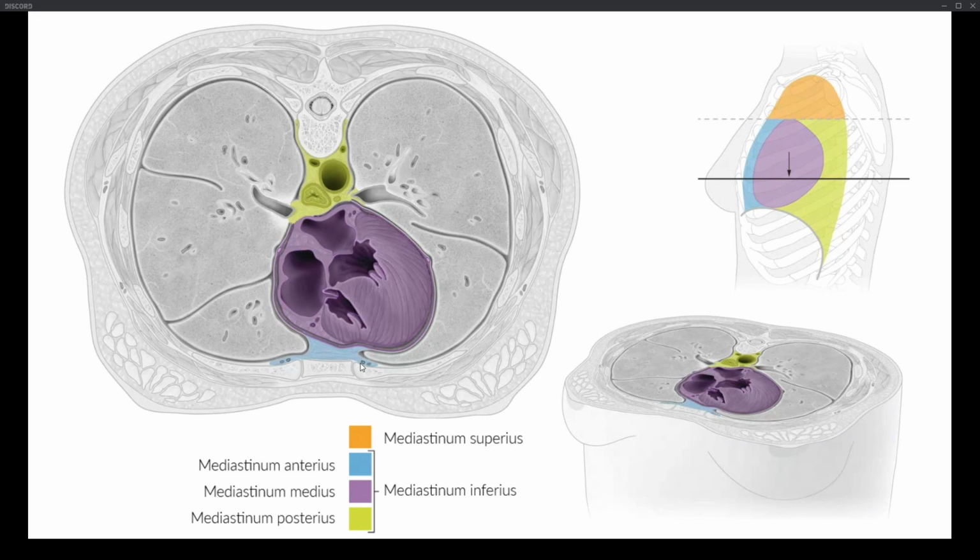I actually found that these two little vessels over here, the arteria and venae thoracicae internae, are sometimes counted within this mediastinum anterius, but sometimes not. So in anatomy, sometimes the profs will say something different than the other prof, because why not? Because it's not easy enough.